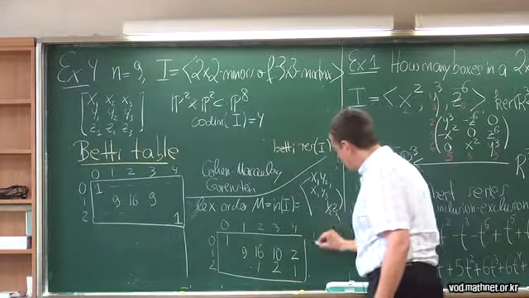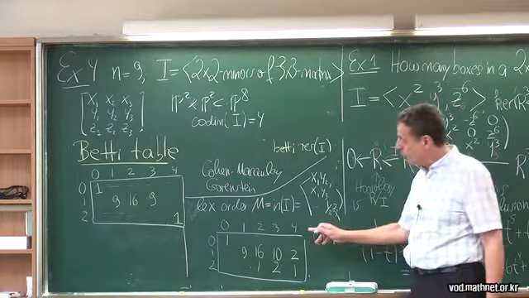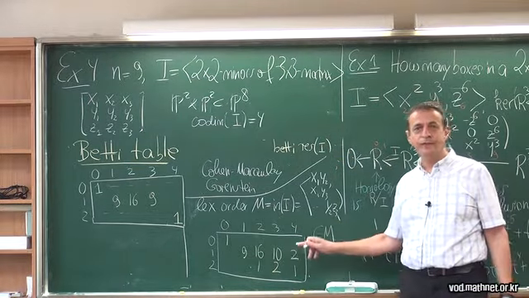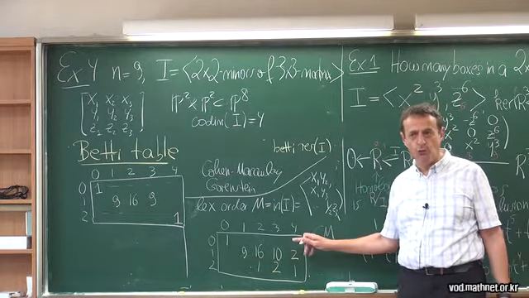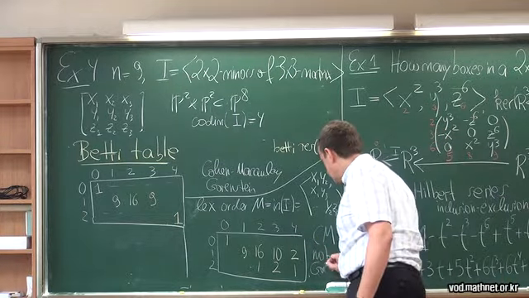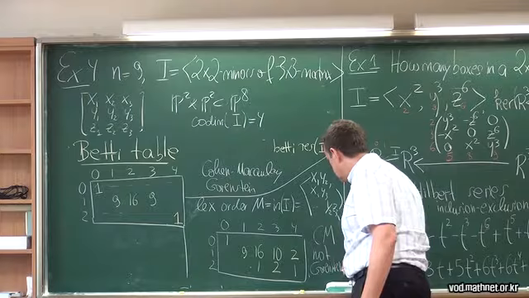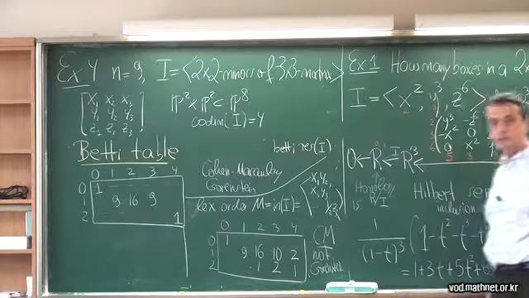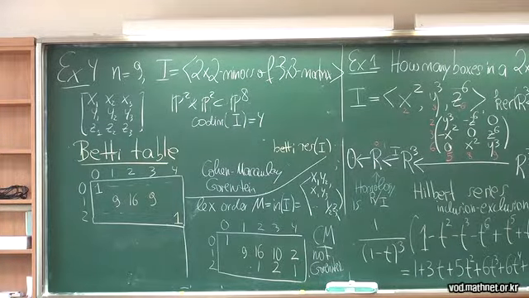So we can see this example is still Cohen-Macaulay, because the length of the resolution is still 4. It didn't get longer, but it's not Gorenstein. So Cohen-Macaulay is preserved in this example, but not the Gorenstein property. Okay? And we can study this.